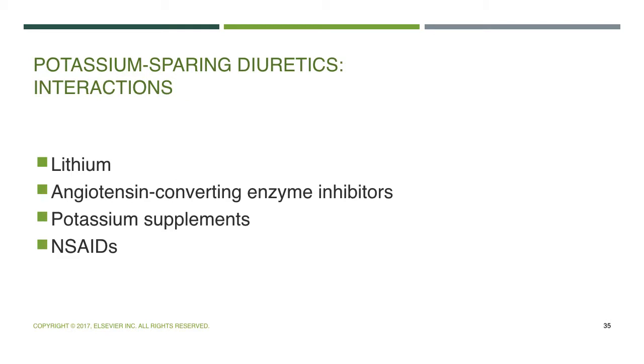Potassium-sparing diuretics have interactions with lithium, with angiotensin-converting enzyme inhibitors or ACE inhibitors, and potassium supplements, because again, if I'm not peeing out my potassium and I'm retaining that potassium, I'm probably not going to need potassium supplements. And there's also an interaction with NSAIDs.